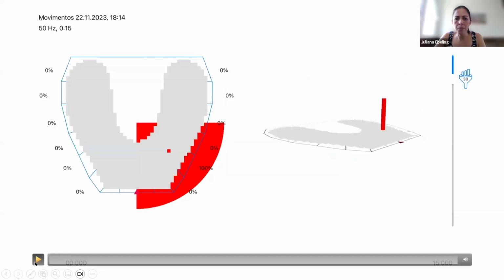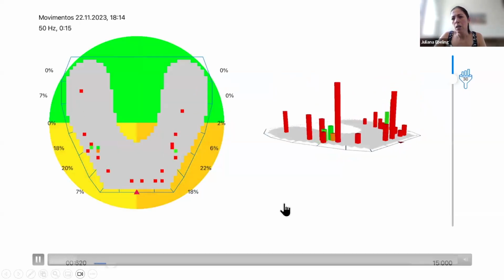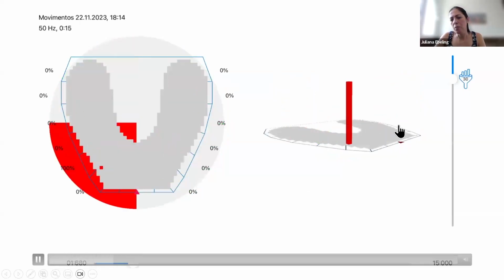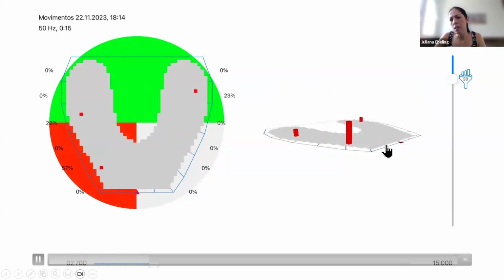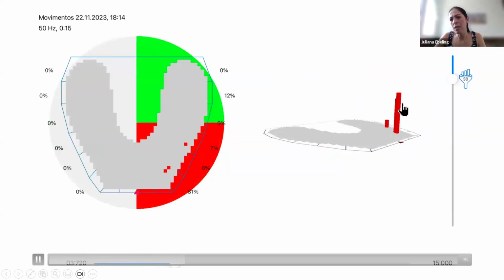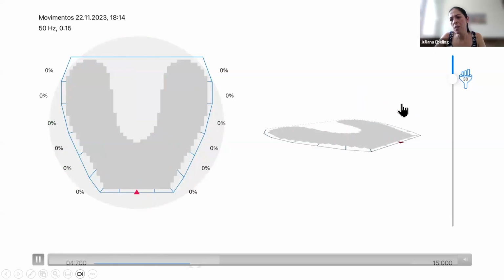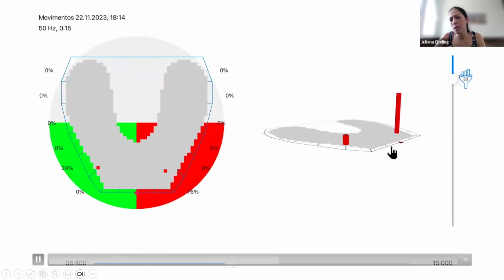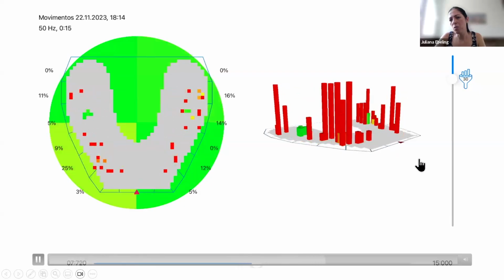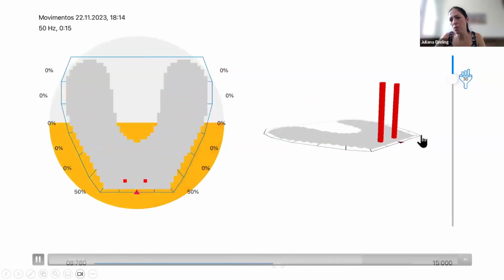Now the movements, lateral movement, right to the left, and go back, and then maximum intercuspation and protrusion.